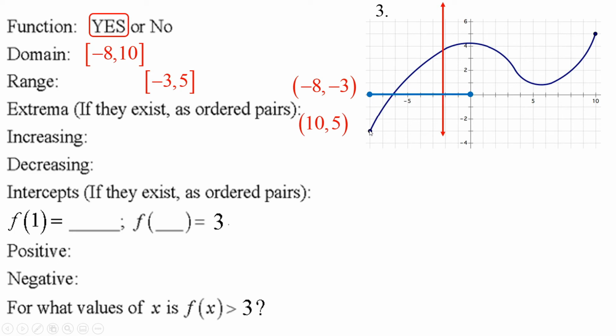Do you agree that at x equals negative 8, this graph increases until it gets all the way to that x value of 0? So I'm going to do the closed interval from -8 to 0. So I'm going to go bracket. Oh, and here's the other one too, from about 5.5 to 10. So let's do both of those intervals with interval notation.